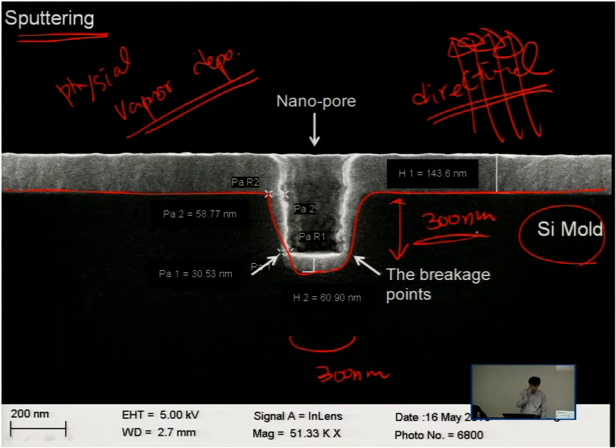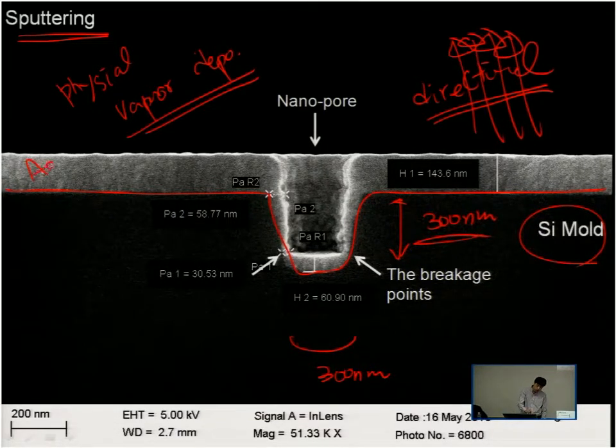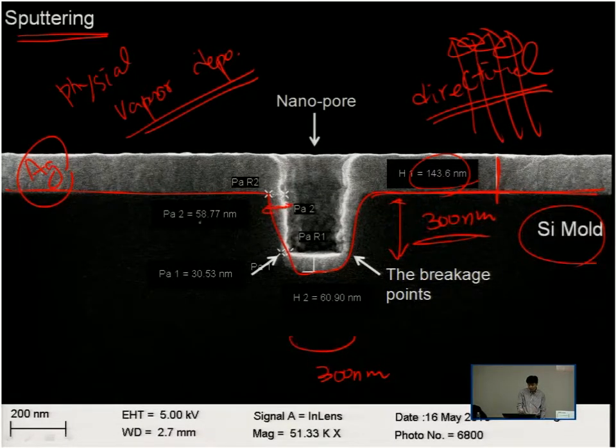I deposited silver using sputtering, and I also did sample rotation. But as you can see, the vertical thickness on the flat surface is about 140 nanometers, while on the lateral side the thickness is about 60, and as we go deeper into the cavity the film gets thinner and thinner.